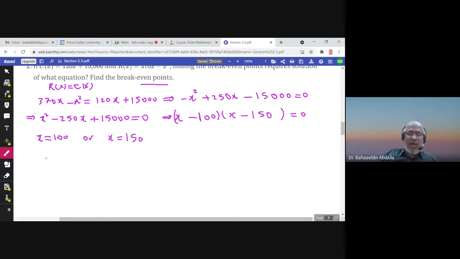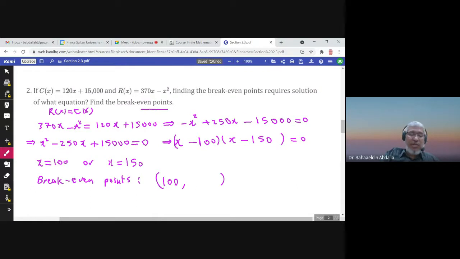He asked here about break-even points, so I will find the points. The first point is 100, and I can replace x by 100 either in the cost function or in the revenue function. I'll choose the cost function because it is linear. It's easier for me to substitute there.